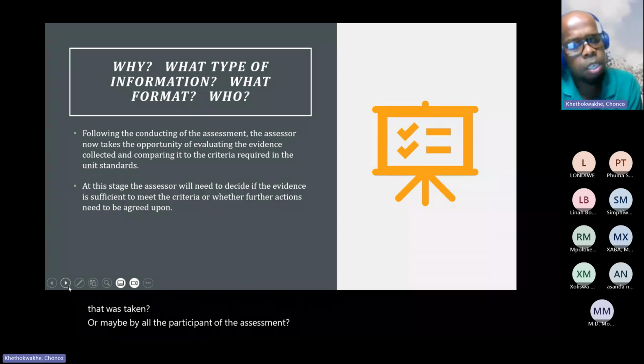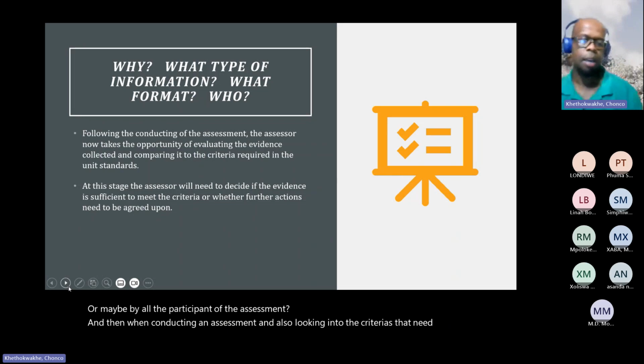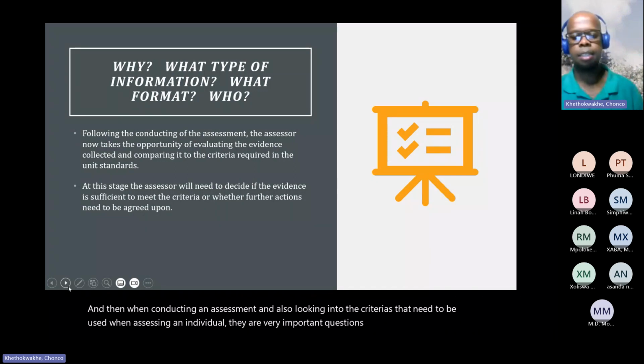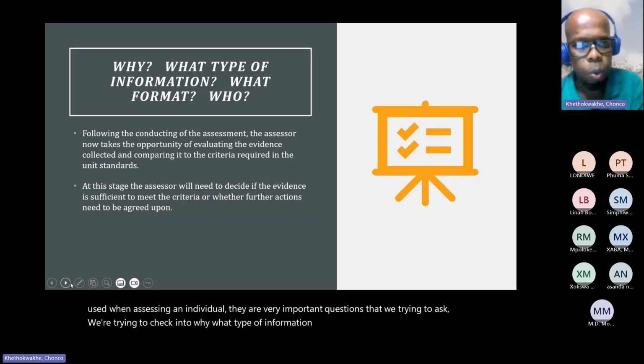And then when conducting an assessment and looking into the criteria that need to be used when assessing an individual, there are very important questions that we're trying to ask. We're trying to check why, what type of information, what format, and who.